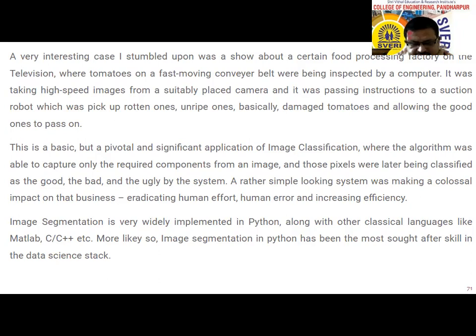Image segmentation is very widely implemented in Python along with other languages like MATLAB, C, C++, etc. More likely so, image segmentation in Python has been the most sought after skill in the data science stack.